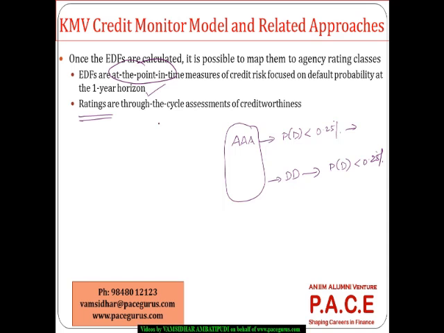They are a through the cycle kind of approach, and they generally don't look at just 1 year, they look beyond 1 year. So they may not be comparing apples to apples. That's where sometimes people criticize that they can't use the EDFs obtained from this KMV model for the rating agency mapping. But still, conceptually, you can very well understand the same kind of concept.